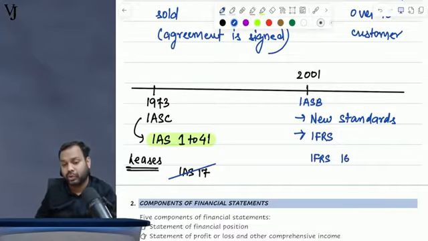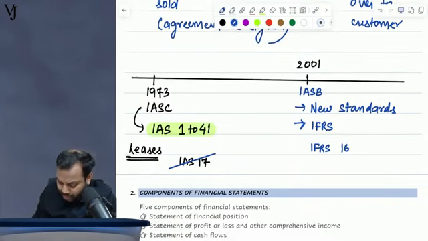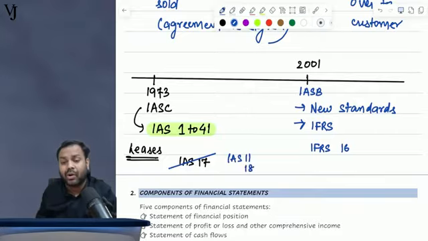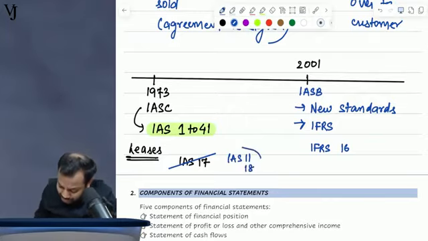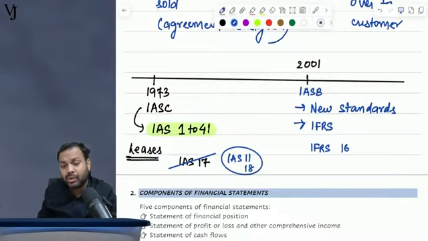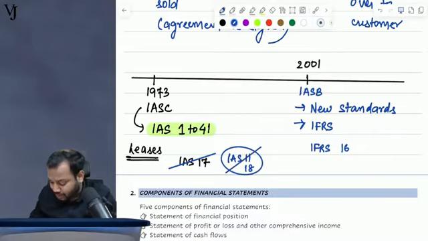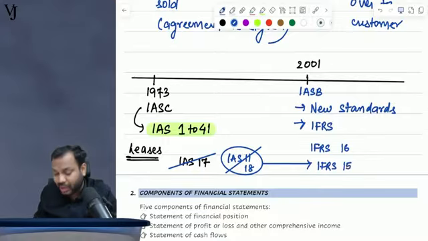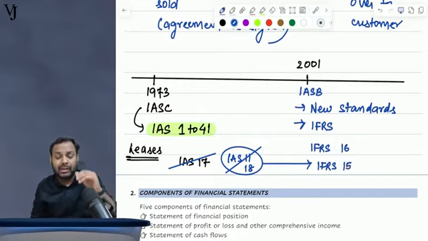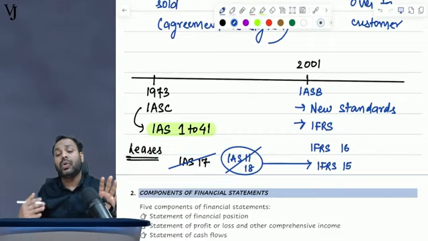For revenue recognition, earlier there used to be standards called IAS 11 and IAS 18 on revenue. Since these were not able to cater to the current economic scenario, they were cancelled and a new accounting standard, IFRS 15, was issued. So the earlier IAS get cancelled one by one and we issue new IFRS.